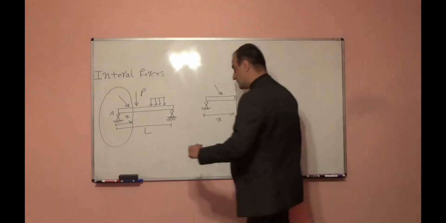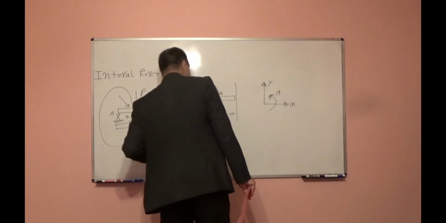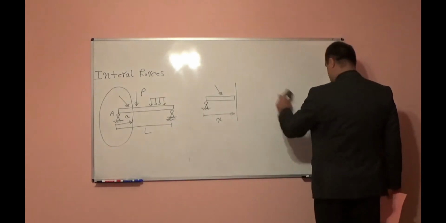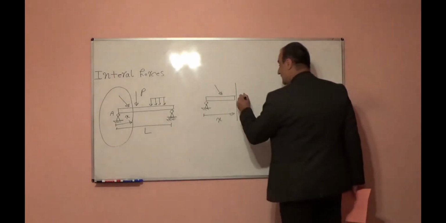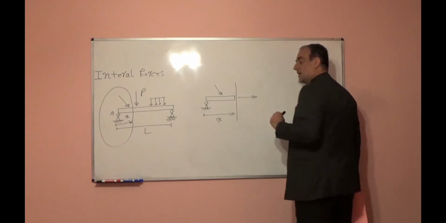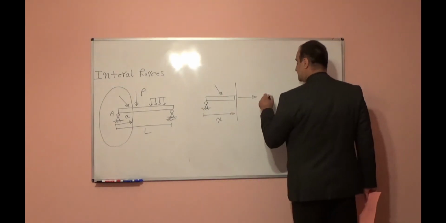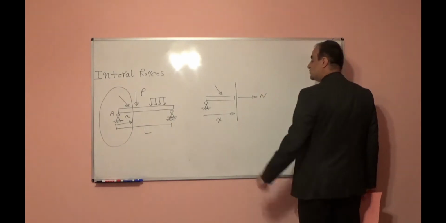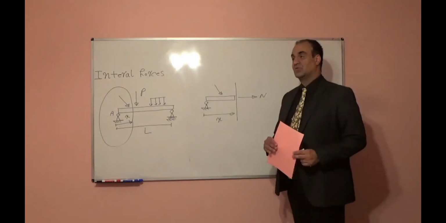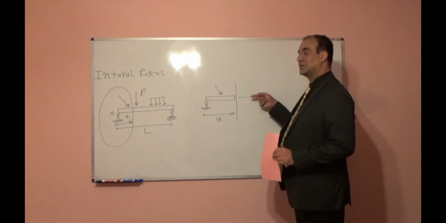At the cut point, we will have 3 internal forces. One, we call it axial force or normal force. It will create compression or tension. We show it with N, and it will always be in the member direction.